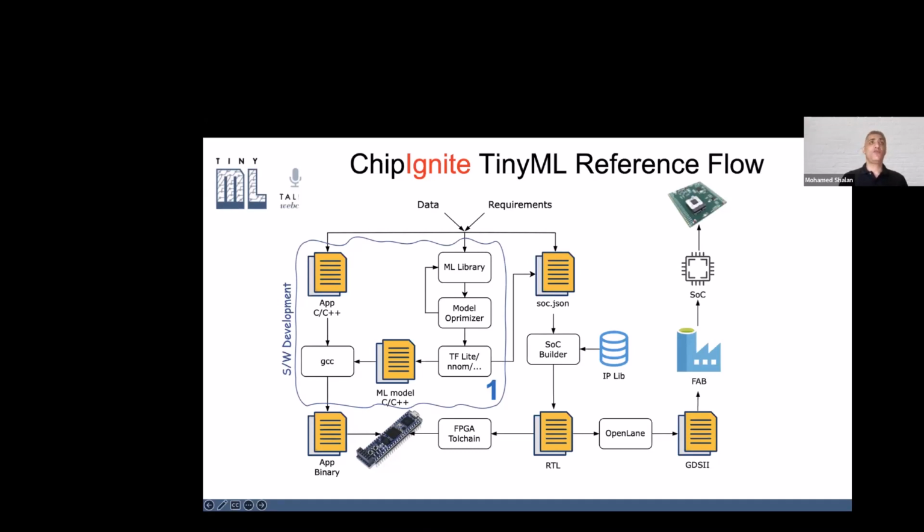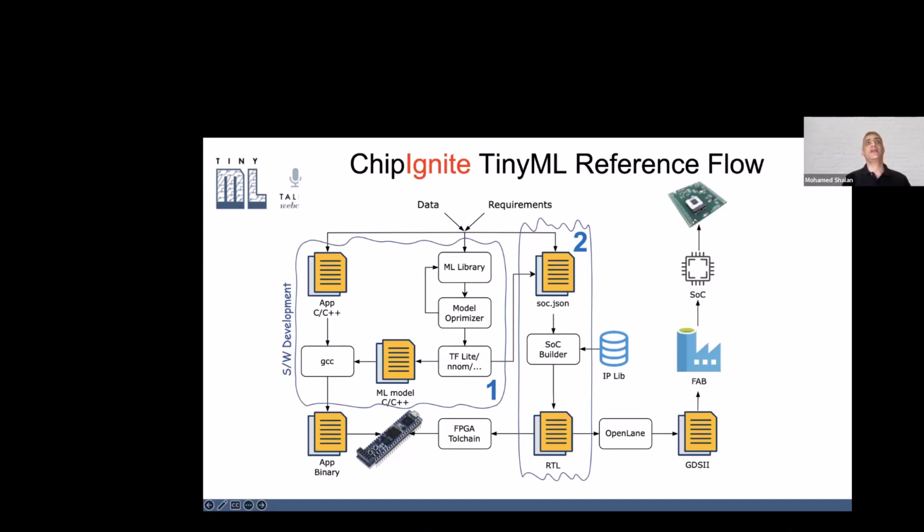Then you move to the hardware, where the model that you already designed and optimized imposes more requirements that can be captured in an easy-to-use format, which can be passed to something called the SoC builder.